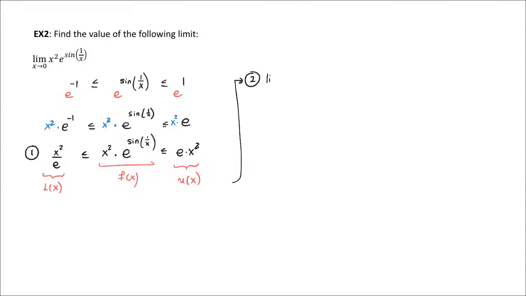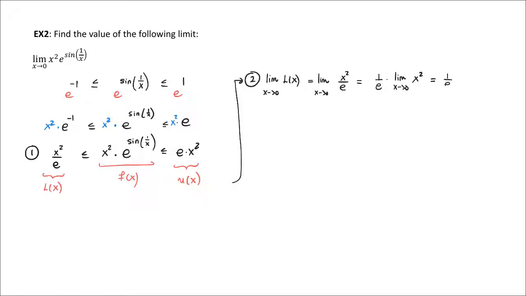So the limit as x goes to 0 of L of x will be equal to the limit as x goes to 0 of x squared divided by e, which is equal to 1 over e times the limit as x goes to 0 of x squared. And you know that the limit as x goes to 0 of x squared is going to be 0.